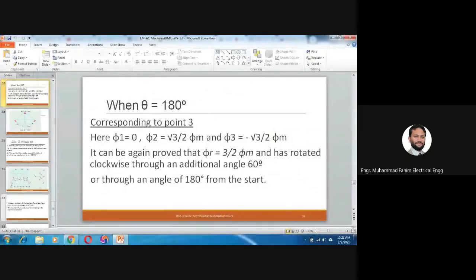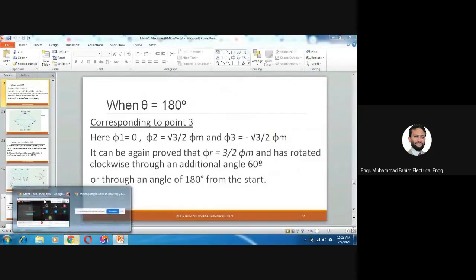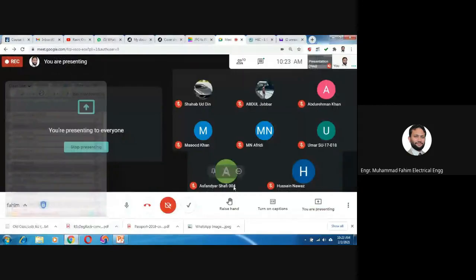So that was a lecture on the rotating magnetic field, which is an initial understanding for the AC machine, or induction machine, or maybe a synchronous machine.